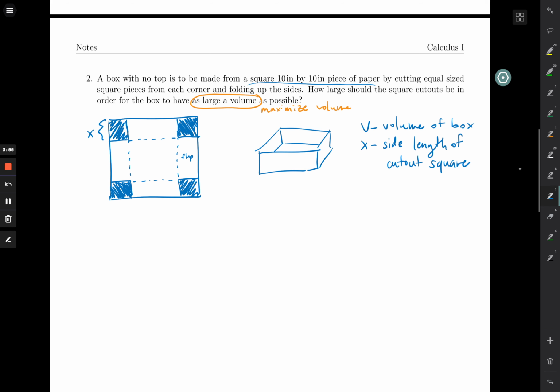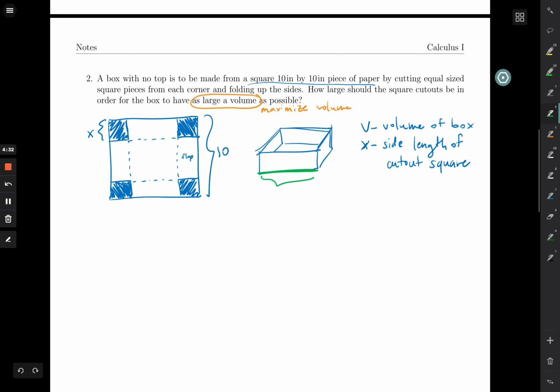And so we know that this entire length right here is going to be equal to 10, right? And so this is going to help us figure out a formula for the volume of the box, because the volume, remember, once we fold this into a box, this side length, it's not going to be 10 anymore because we've cut down the length. So let me start using some different colors to help us visualize this.